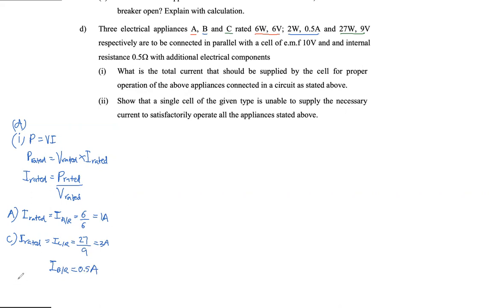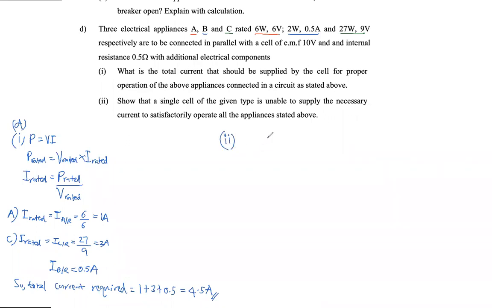So total current required is equal to 1 plus 3 plus 0.5, that is equal to 4.5 ampere. Right, good. Then Roman 2.